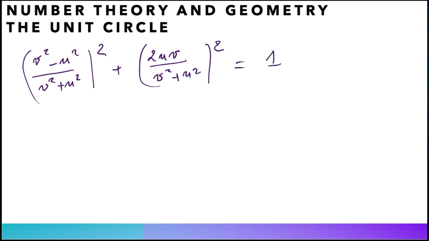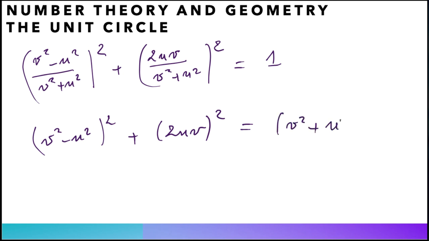If we now multiply both sides of the equation by (v squared plus u squared) squared, one gets (v squared minus u squared) squared plus (2uv) squared equals (v squared plus u squared) squared. I know that you're probably lost here, but actually this is the magical formula that gives all the Pythagorean triples.